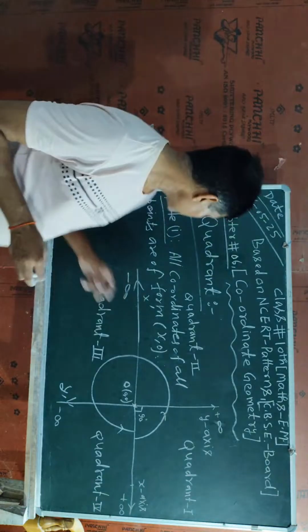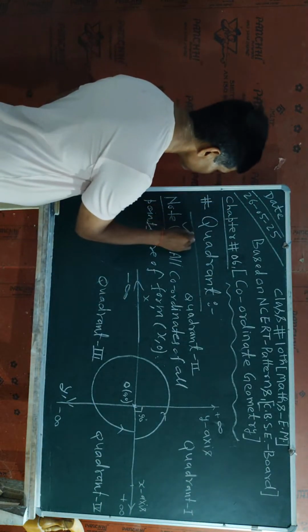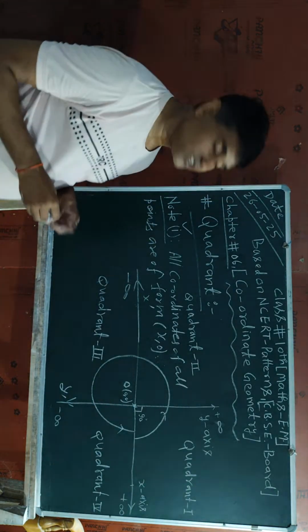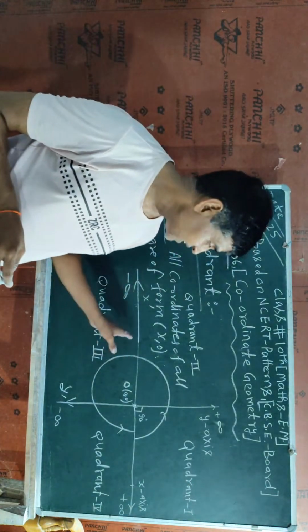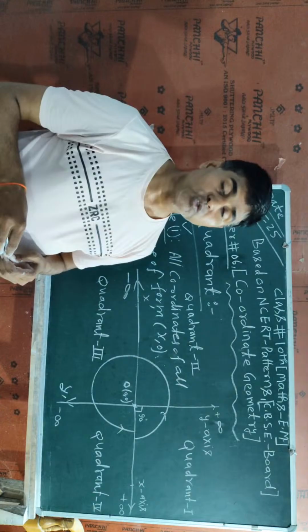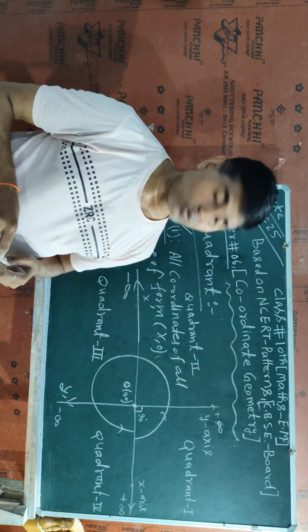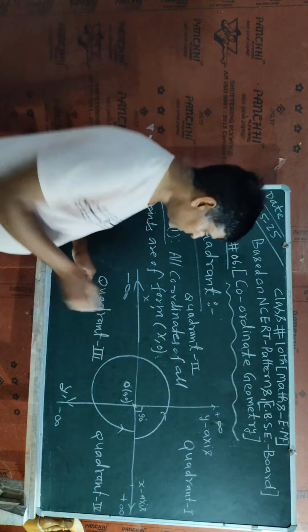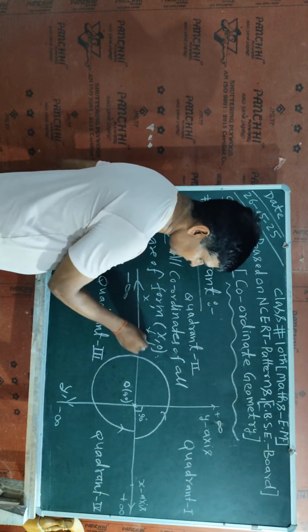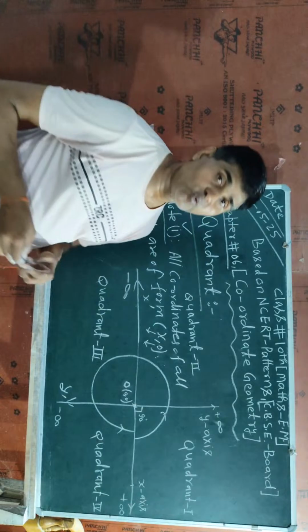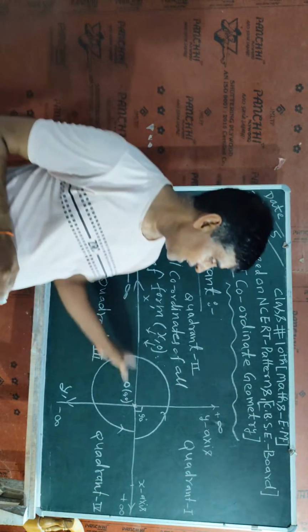So that information I have written here in note form. Students have to remember that each and every point on the x-axis has ordinate value 0. This is called abscissa, and this is called ordinate. So the ordinate value will always be 0 on the x-axis.